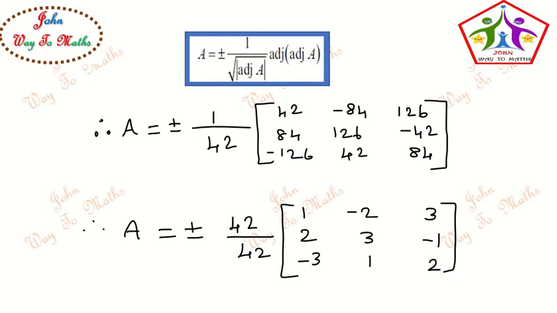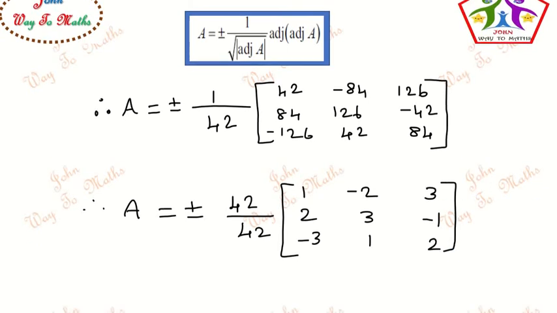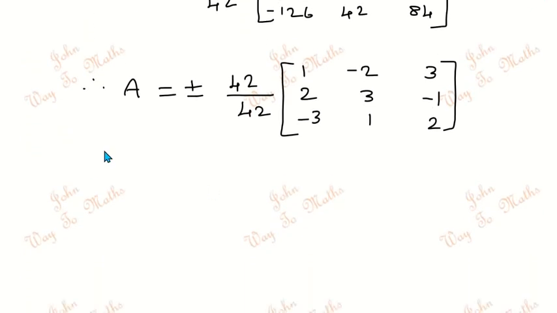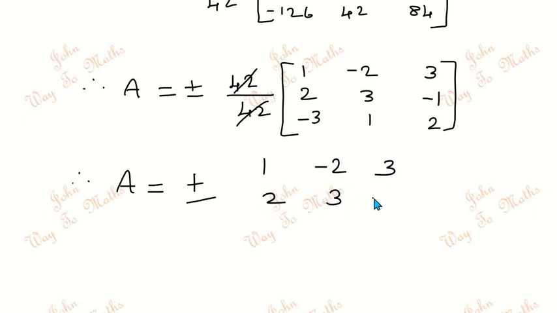So 42 is cancelled, and the remaining 1, minus 2, 3, 2, 3, minus 1, minus 3, 1, 2 is the matrix A.